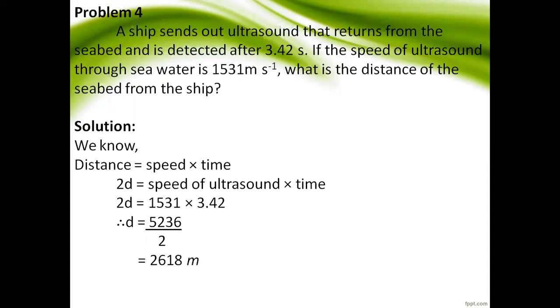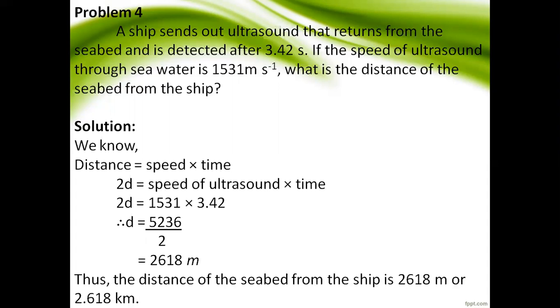Okay, so the distance is 2618. So the distance of the seabed from the ship is 2618 meters or 2.618 kilometers. Okay, meters and kilometers. So this is how to find out the distance between the ship and the seabed.